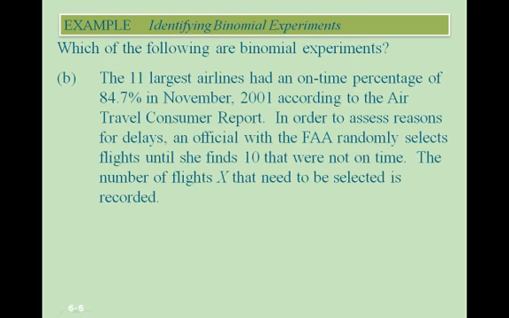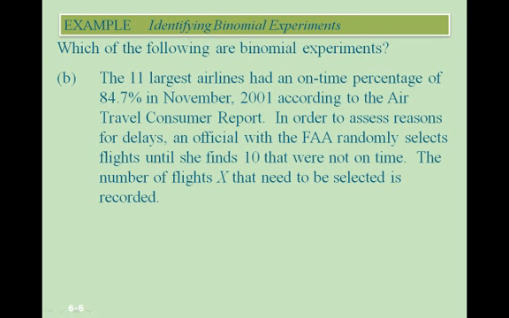For B, the 11 largest airlines had an on-time percentage of 84.7% in November 2001, according to the Air Travel Consumer Report. In order to assess reasons for delays, an official with the FAA randomly selects flights until she finds 10 that were not on time.